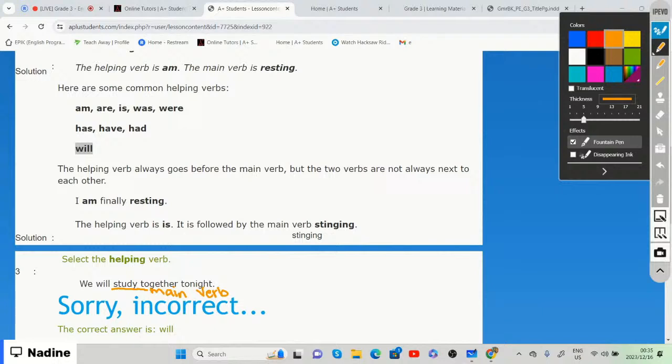If study is our main verb, what is our helping verb?